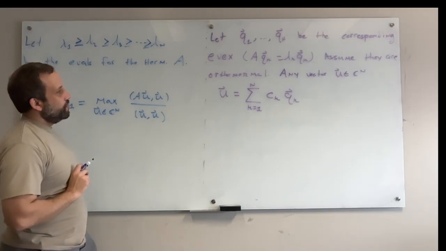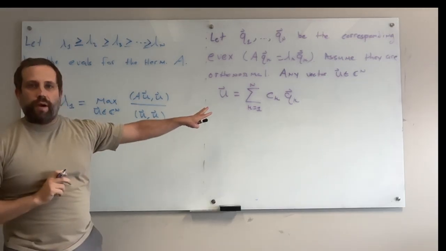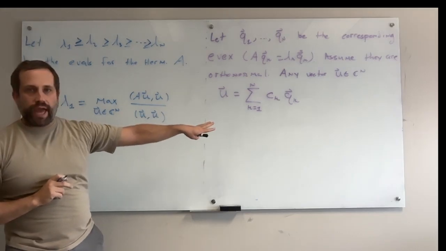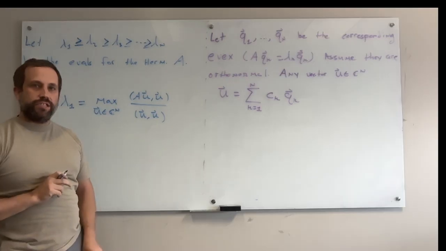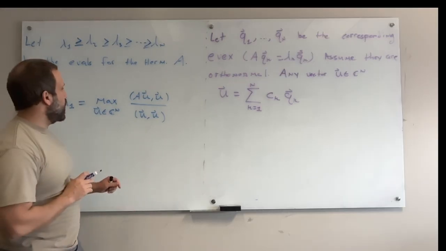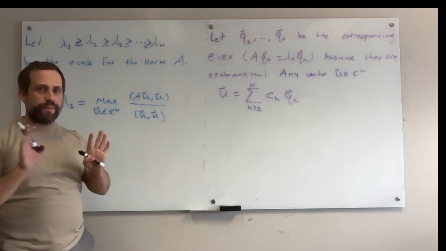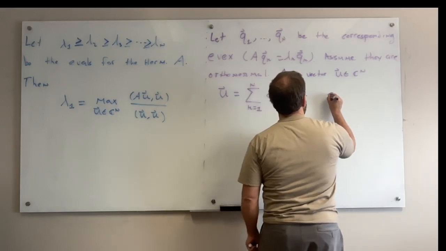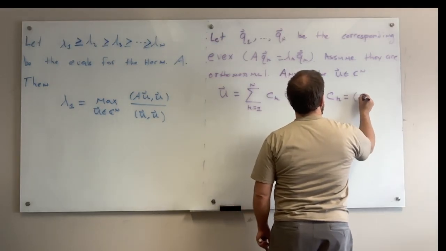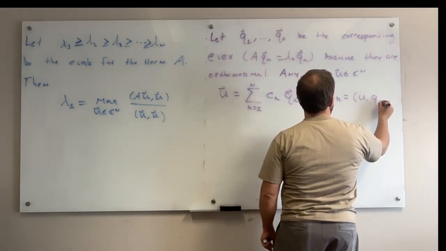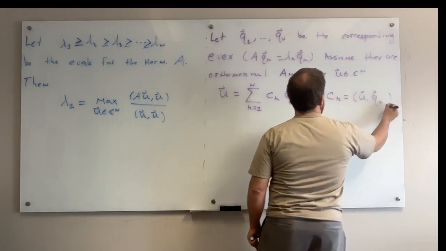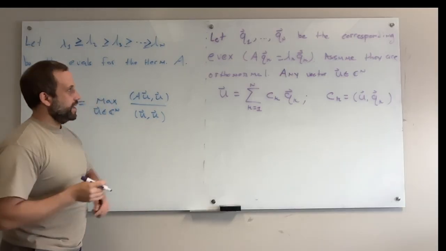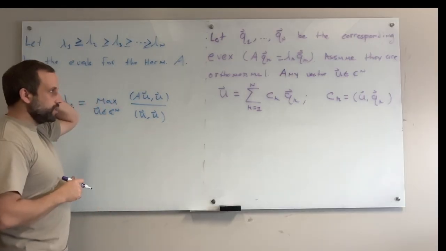And we know what the cks are, by the way. We know that ck is the inner product of u with qk, but that's not especially important for what we're doing right now. It'll come up in just a moment. ck is equal to the inner product of u and qk. Remember that's one of the reasons we like orthonormal bases, is that the coefficients are very nice.